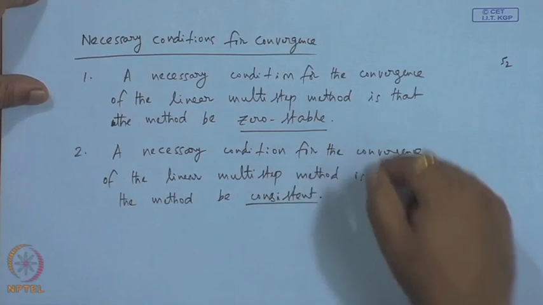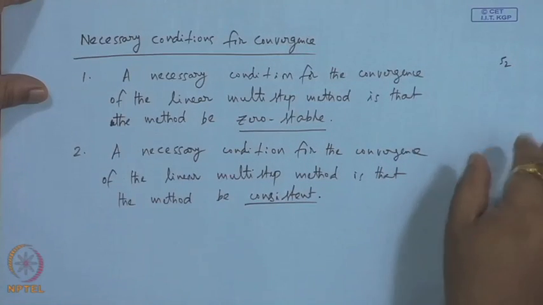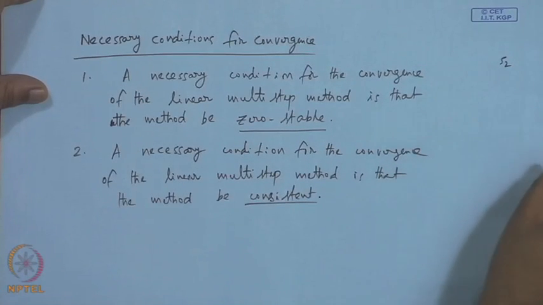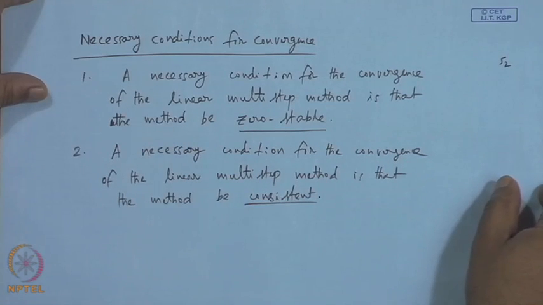So, we have learnt a method. Now, how does this approximation give a converging solution? The convergence we have defined. Now there are certain necessary and sufficient conditions.